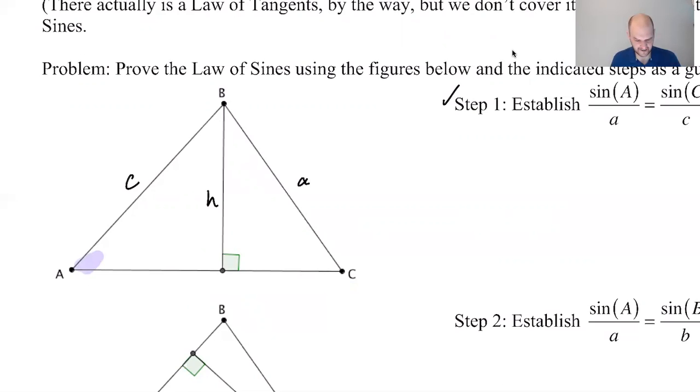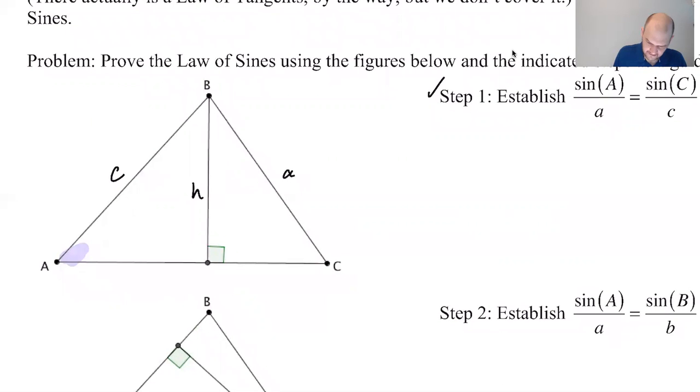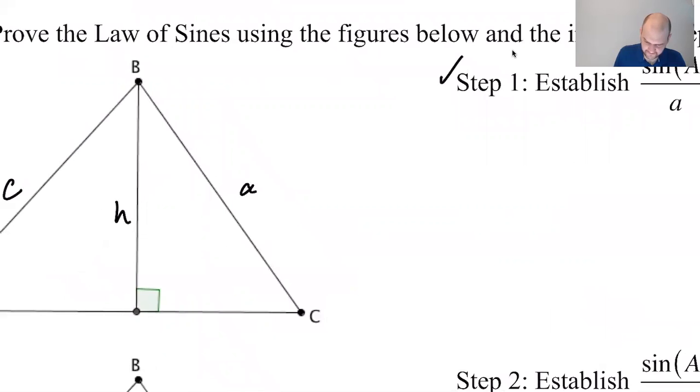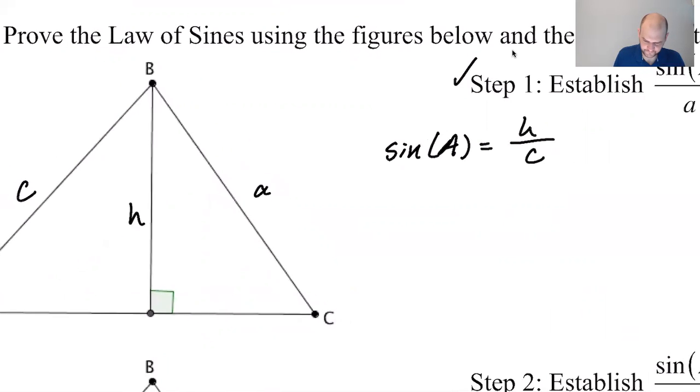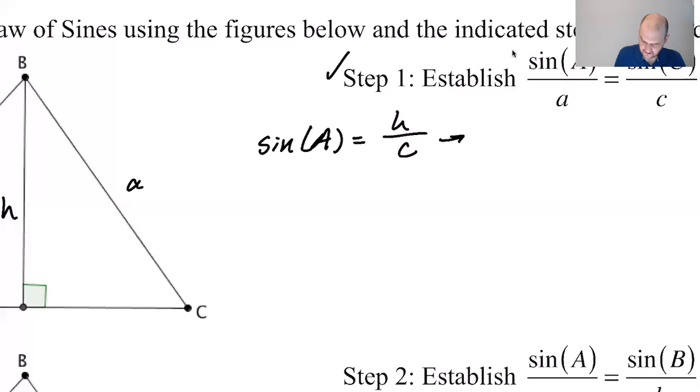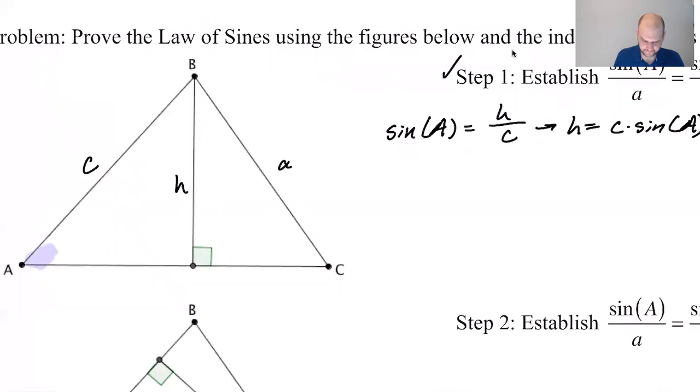So for angle A, the sine of A, let's try that again. All right, the sine of A. Sine of angle A is opposite, which is H, over hypotenuse, which is C, which means that H is equal to C times the sine of A. Okay, so that's one thing.